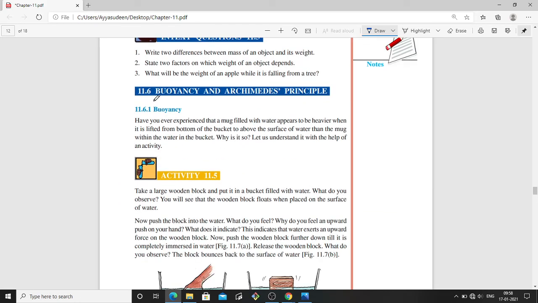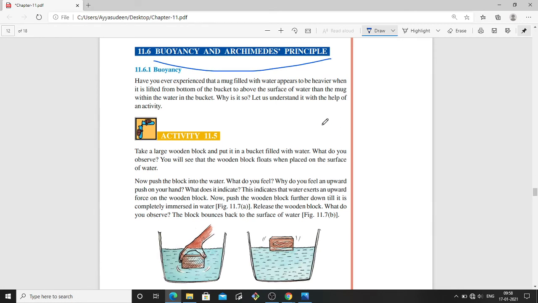The next topic is buoyancy and Archimedes principle. Let's say there is a tub with water inside. You lift an object, but once you keep it inside the water and try to lift it, you will feel some weightlessness, or there is a push.